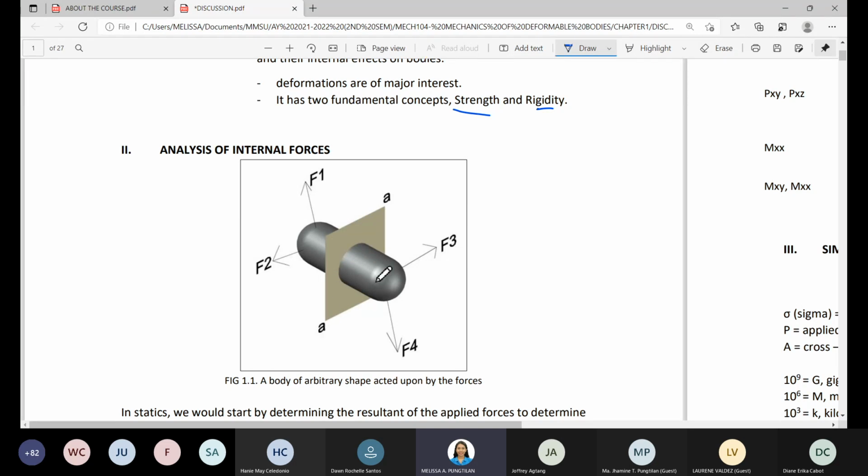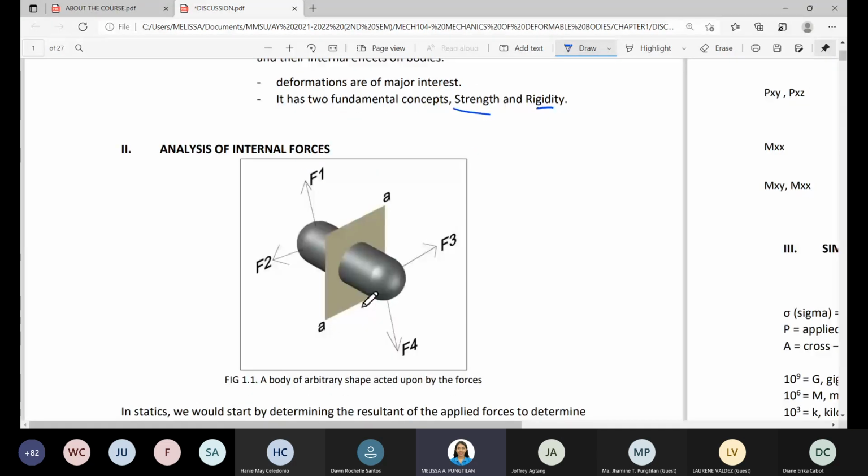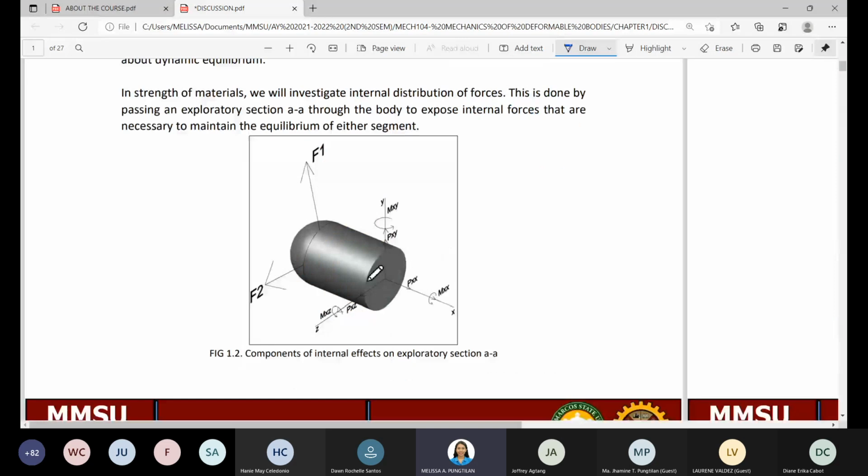Maglalagay tayo ng exploratory section AA dito sa ating arbitrary shape. So, ito na yung kakalabasan natin. So, ito yung ma-expose lahat ng mga internal forces that is acting on the body. So, yung mga forces na to, naka-act lahat sa centroid. So, yung reference is always at the centroid of the body.